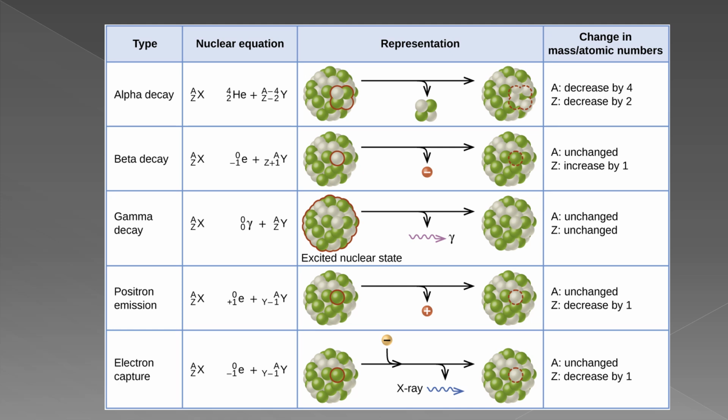But that requires a lot of energy. There will be excess energy in the nucleus. It releases that in the form of an X-ray, and you have some gamma emission that can come along with that with electron capture. So atoms that have a little bit more energy tend to decay by positron, and then if they don't quite have enough energy in the nucleus for a proton to convert, then they will decay by electron capture.